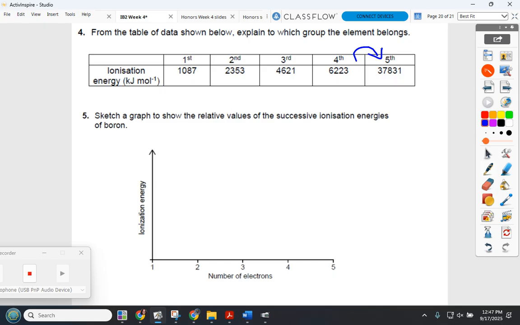So you would have to make sure if you're drawing a graph that the numbers go up, and that you can detect the gap, the big jump, okay? But where exactly you put the dots doesn't really matter.